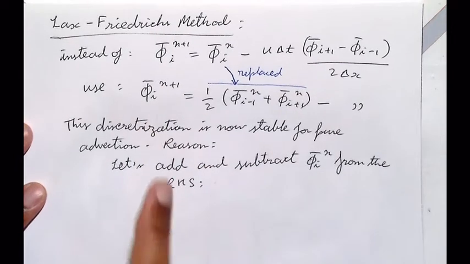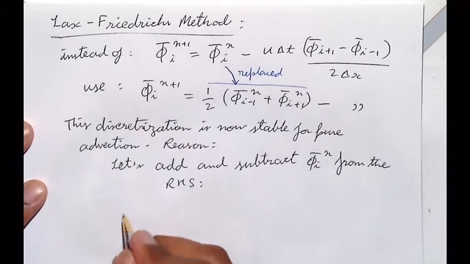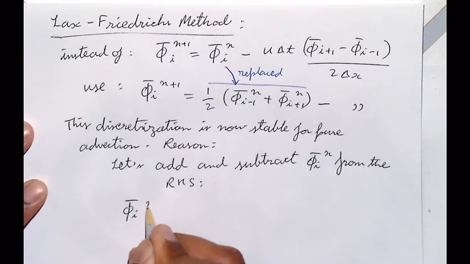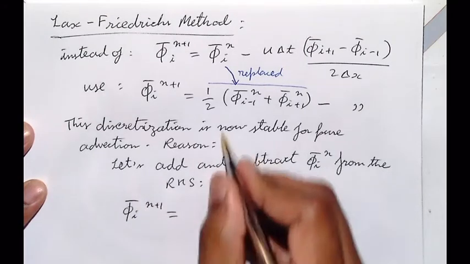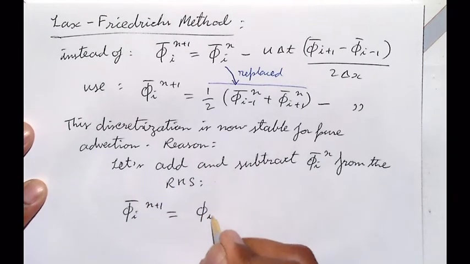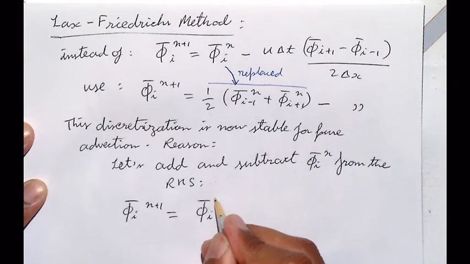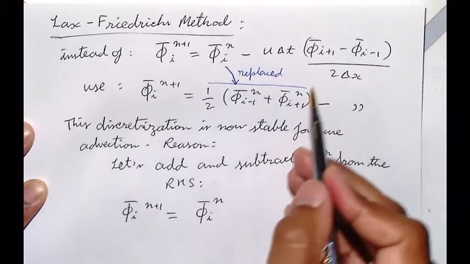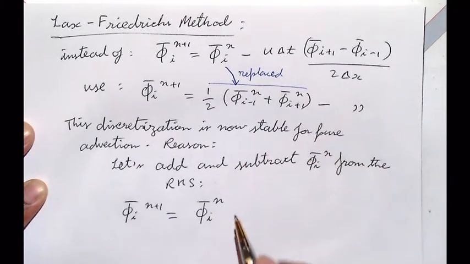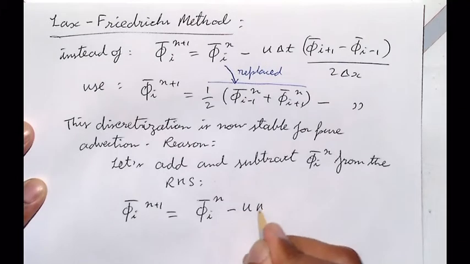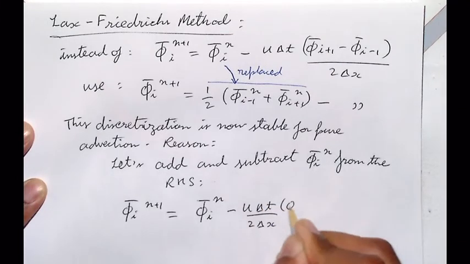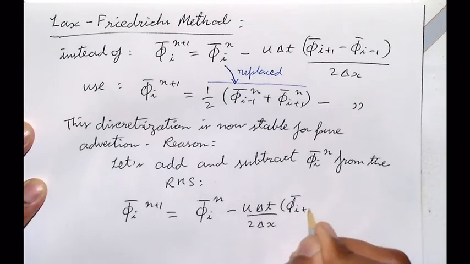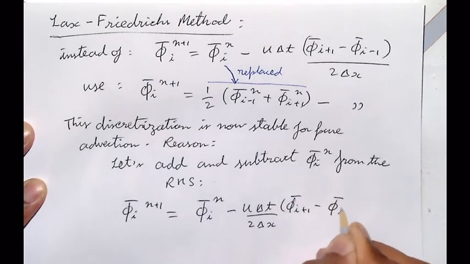Okay, so let's see. This we can write as phi bar I n plus 1 equal. I will add this, what I said. I'll copy this term, the negative thing, minus u delta t over 2 delta x phi bar I plus 1.